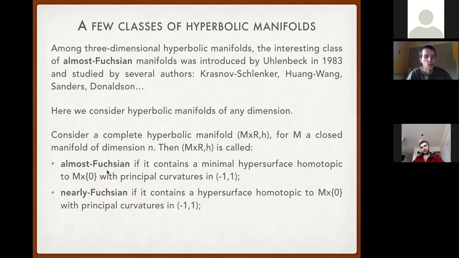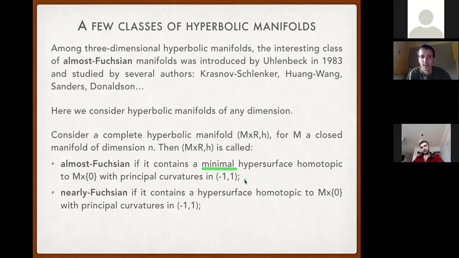Here we do not assume that the hypersurface is minimal. In the almost Fuchsian case, we had the minimality assumption. In the definition of nearly-Fuchsian manifold, we just require that there is a hypersurface homotopic to a horizontal slice with principal curvatures in (-1, 1). I will discuss some properties of it later. So nearly-Fuchsian doesn't imply almost Fuchsian then?